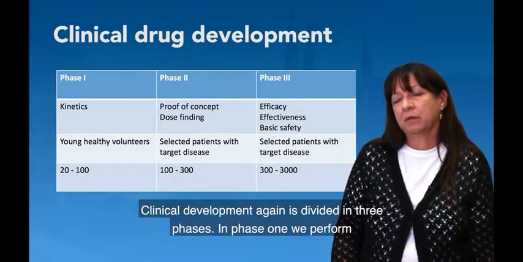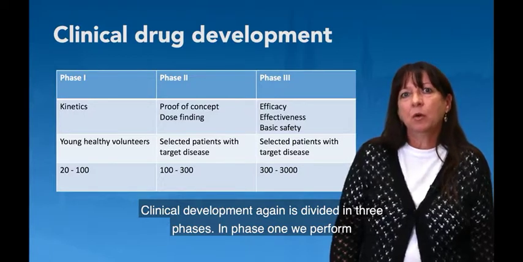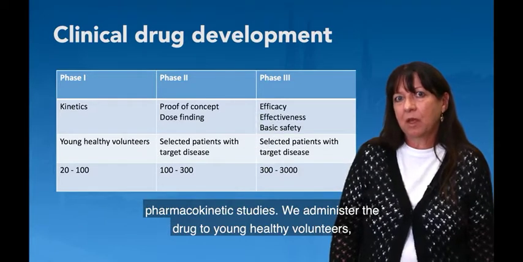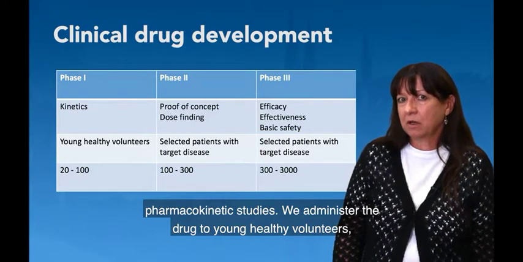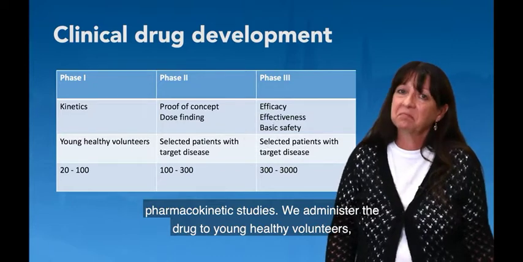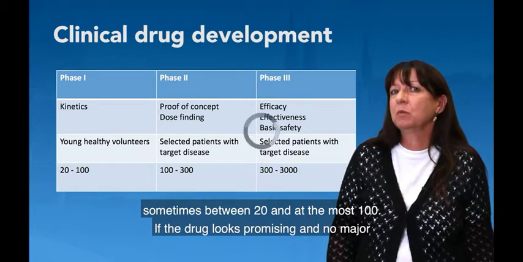Clinical development, again, is divided in three phases. In phase 1, we perform pharmacokinetic studies. We administer the drug to young healthy volunteers, sometimes between 20, at the most 100.